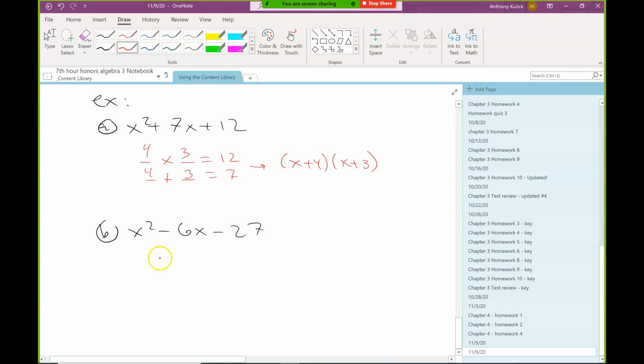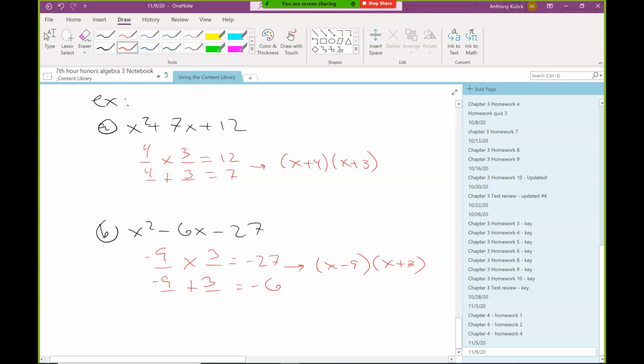Or say this example, two numbers that have to multiply to give us negative 27 and add to give us negative 6. Those two numbers are negative 9 and positive 3. So that just becomes x minus 9, x plus 3. Pretty righteous, right? How much time does that save? Quite a bit, right?